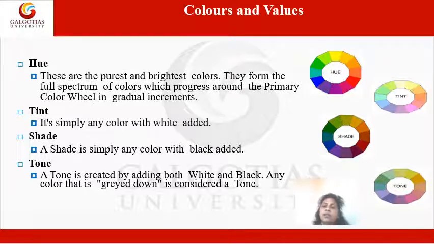Tone is created by adding both colors, that is white and black. Any color that is grayed down is considered a tone. Means neither dark nor shaded nor tint. So we got a tone, meaning a different quality of the color, created with the help of two colors, that is white and black, in the primary one.